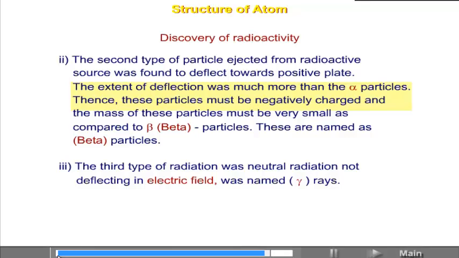Hence, these particles must be negatively charged and the mass of these particles must be very small as compared to alpha particles. These are named as beta particles. Third one, the third type of radiation was neutral radiation, not deflecting in an electric field, and was named gamma rays.